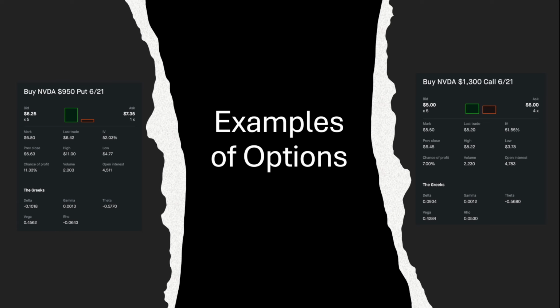If Nvidia opens up flat for the most part, that one's going to automatically be down 56 cents, just for holding it. And the more out of the money that contract is, the higher your theta is going to be.